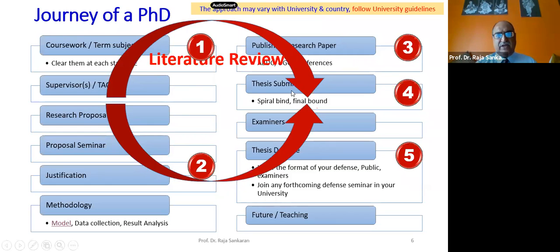And the literature review should stop only when you have the final bound copy of your thesis. There are a lot of questions which might come in, which I would address a bit later on. But typically it starts from the very beginning of the journey and ends when you have your thesis final bound. Okay, a very important component associated with this journey.